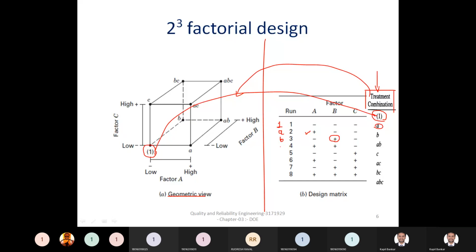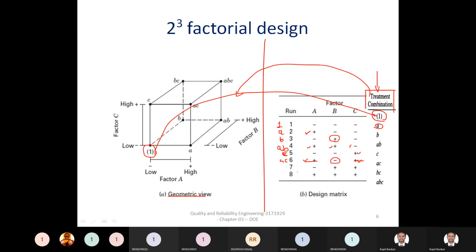Suppose here AB. Means A and B factors will be high and remaining factor will be low. Suppose C treatment, means C factor will be high, remaining will be low. Suppose AC treatment, then A and C will be high and remaining will be low. A is positive, B is low.